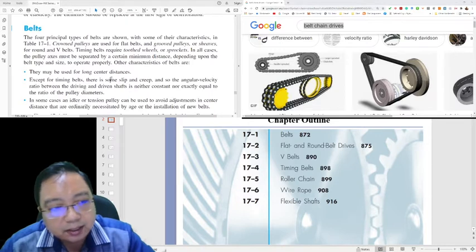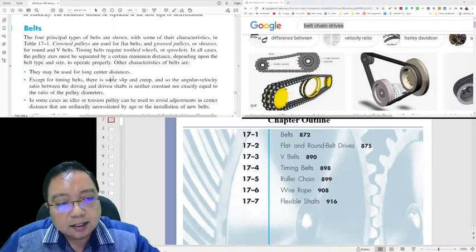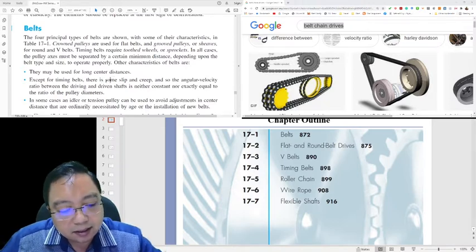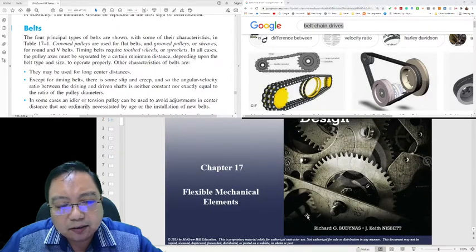You can download it and open chapter 17, if you have the textbook, the chapter titled belting. The exact title is chapter 17, flexible mechanical elements.